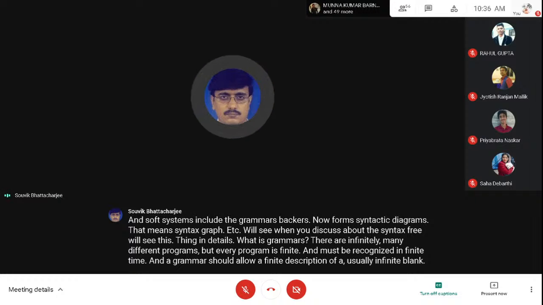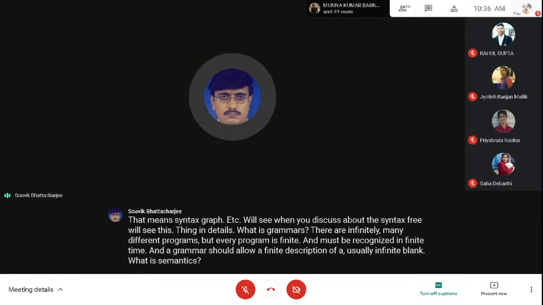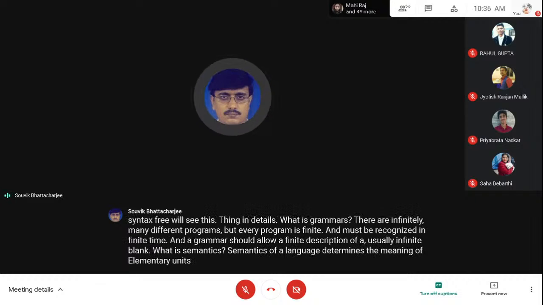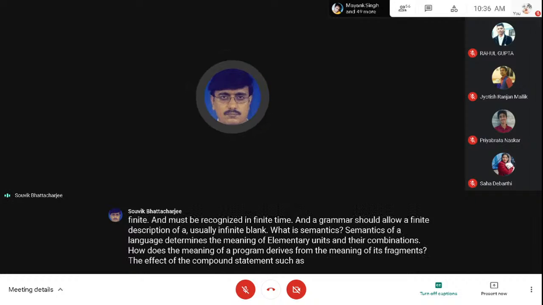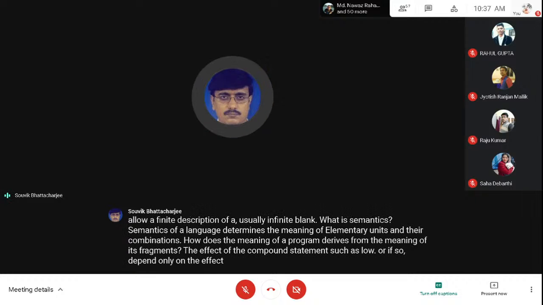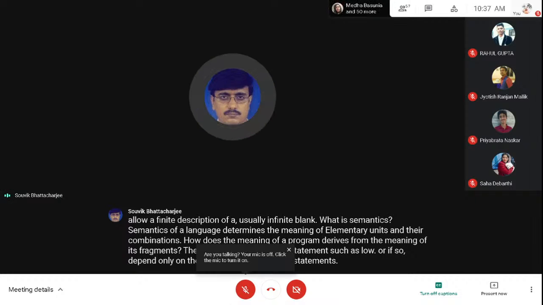What is semantics? Semantics of a language determines the meaning of elementary units and their combinations. How does the meaning of a program derive from the meaning of its fragments? The effect of compound statements such as loop or if should depend only on the effect of the elementary statements such as assignment.